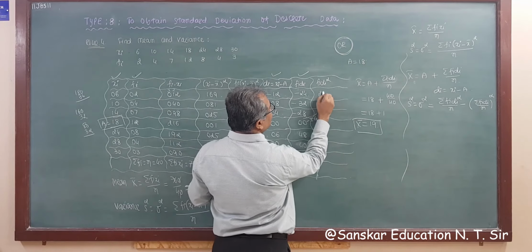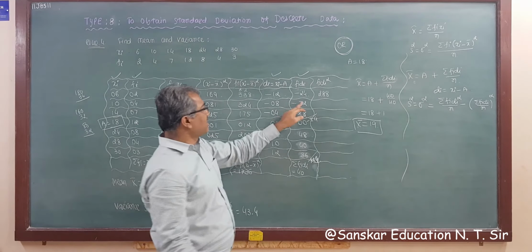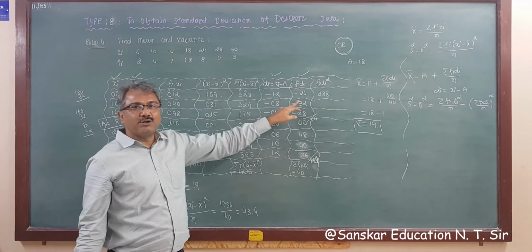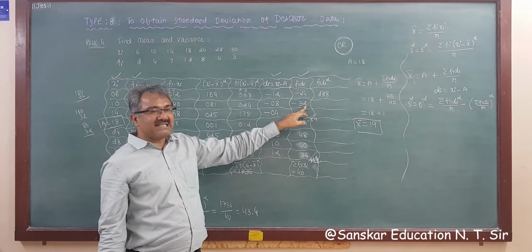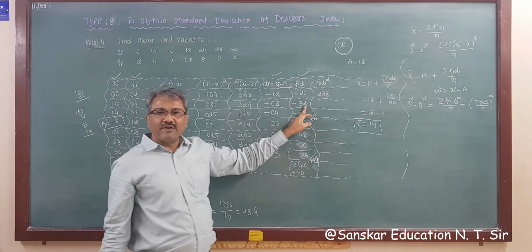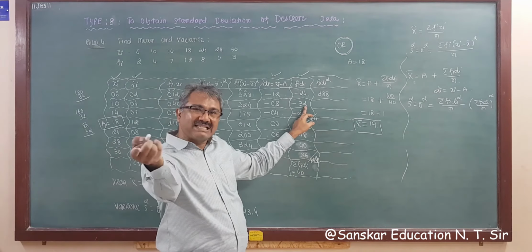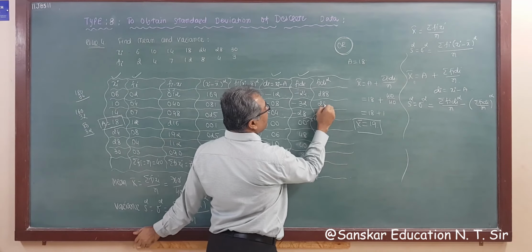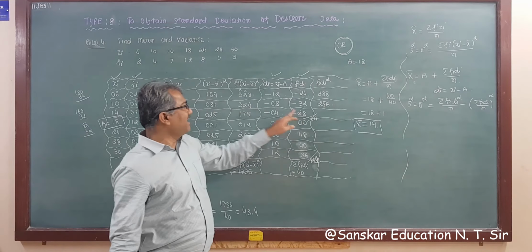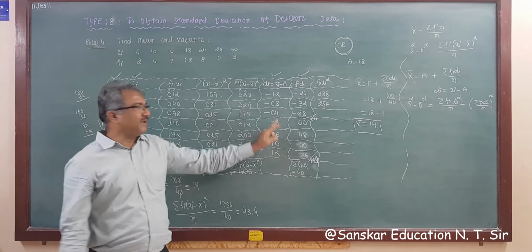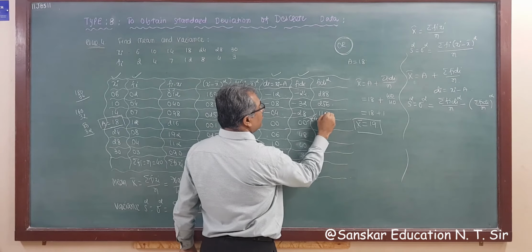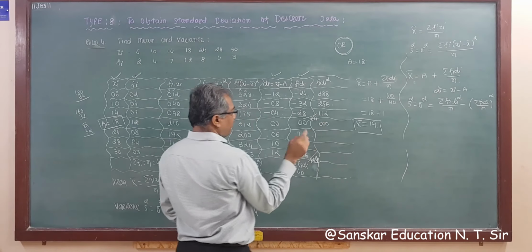So Fi di square is 288. 32 into 2, 8 into 3, 240 plus 16. So the answer is 256. 28 into 4 is 112. This is 0, right?